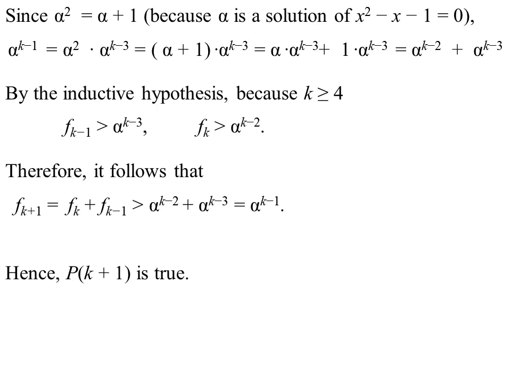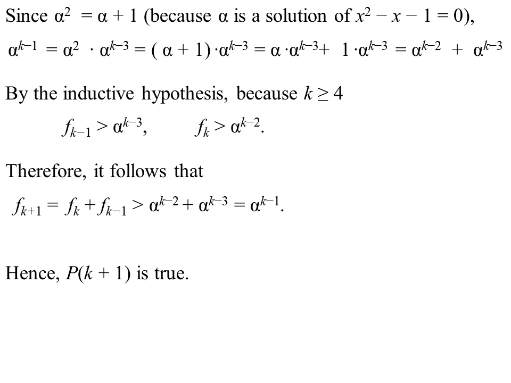So now we can express f(k+1) is equal to f(k) plus f(k-1). You substitute f(k) with alpha to the power of k minus 2 and you substitute f(k-1) with alpha to the power of k minus 3.